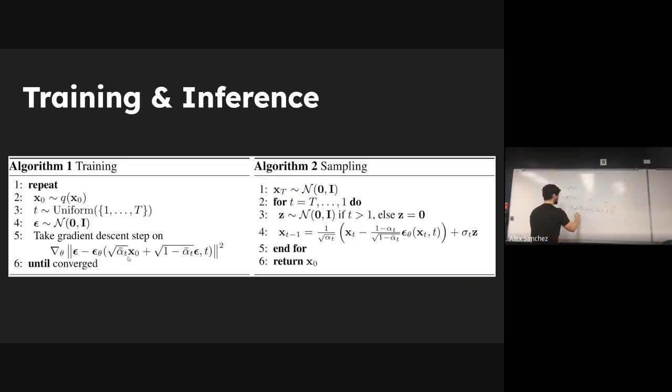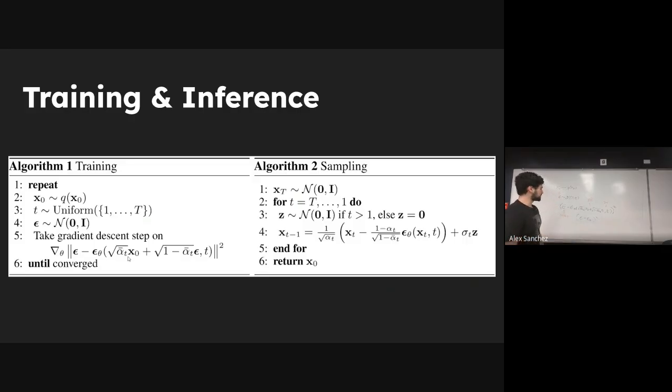So let's rewrite this formula. We have our true noise minus our predicted noise, squared. What is this? This is MSE. All this crazy math just to train our model on an MSE: real noise, predicted noise.